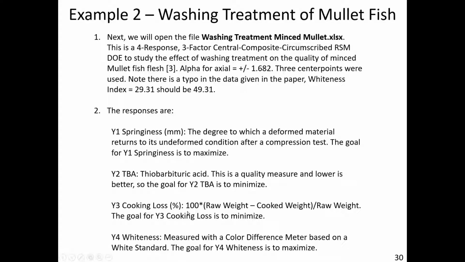Y3 cooking loss is basically 100 times the raw weight minus the cooked weight divided by the raw weight. You want to minimize your cooking loss. And finally, Y4 whiteness is measured on the color difference meter based on a white standard, and you want to maximize the whiteness. So you, again, maximize springiness, minimize TBA, minimize cooking loss, and maximize whiteness.